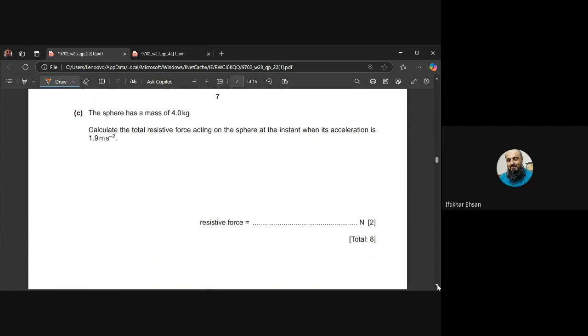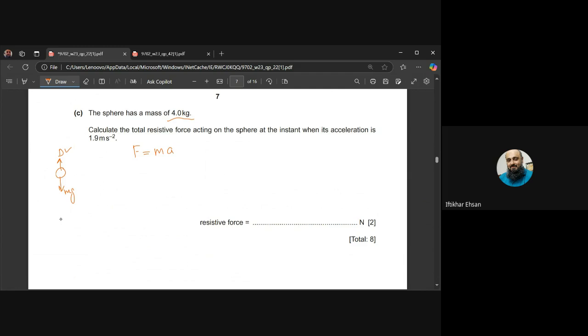Okay. The sphere has a mass. Calculate the total resistive force when its acceleration is this. So beta, F is equal to ma, acceleration is given. The downward force is mg, and the resultant drag force is what we have to find. In F equals ma, F is the resultant force.